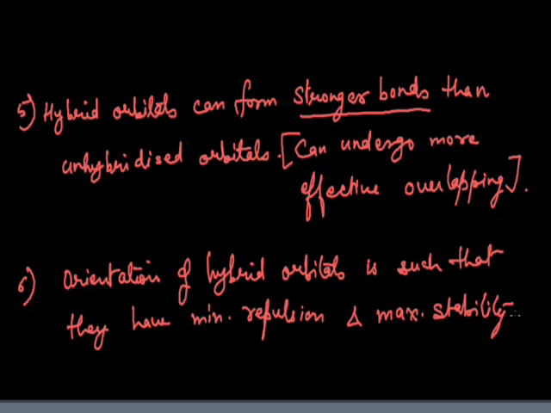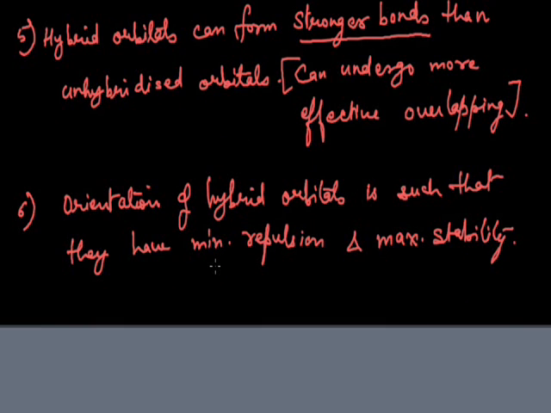That means the hybridized orbitals try to occupy such positions in space so as to have minimum repulsion among them, and this is responsible for the geometry of the molecule. Now let us see some of the types of hybridization.